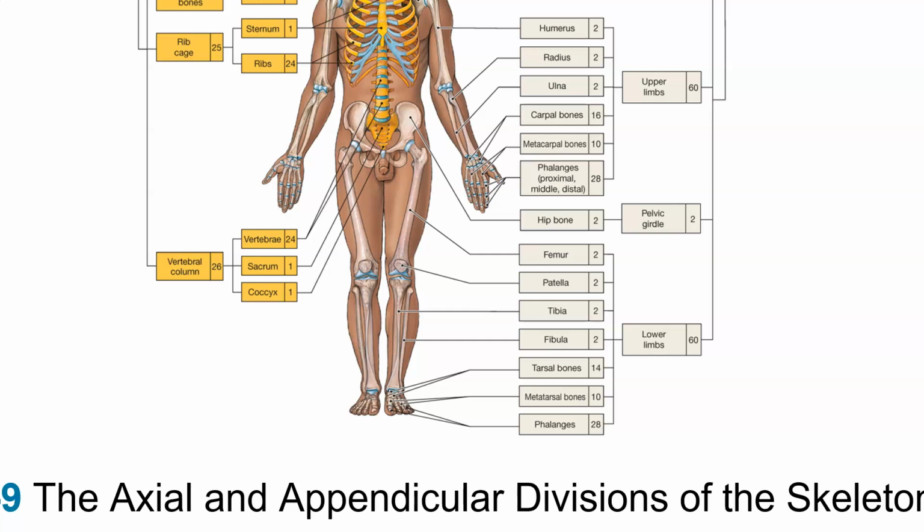So the tibia and the fibula form the lower leg, and the larger of the two is the tibia. The tarsal bones are the ankle bones, and the metatarsal bones form the top of your foot, and the phalanges, of course, form your toes.